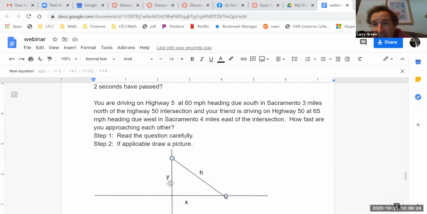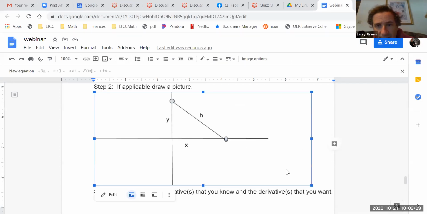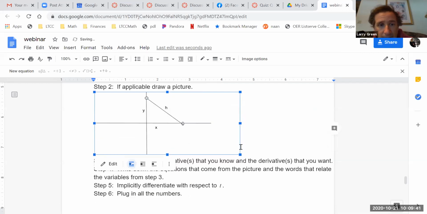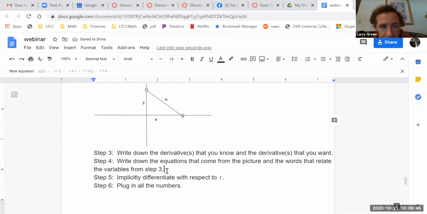And what is dy dt? It's actually negative 60 because we're going south. If it was north, it would be 60. So dy dt is negative 60. I'm going to make this a little smaller.